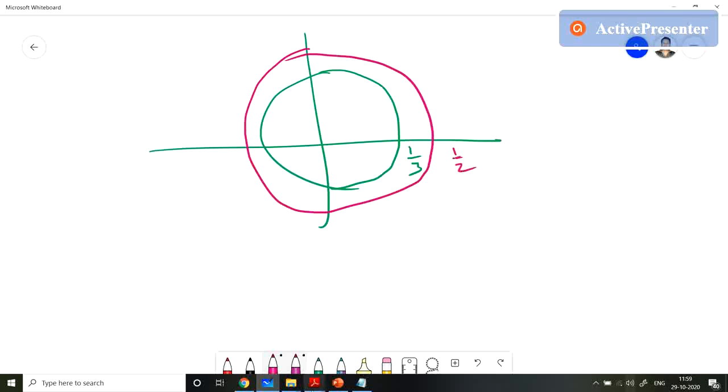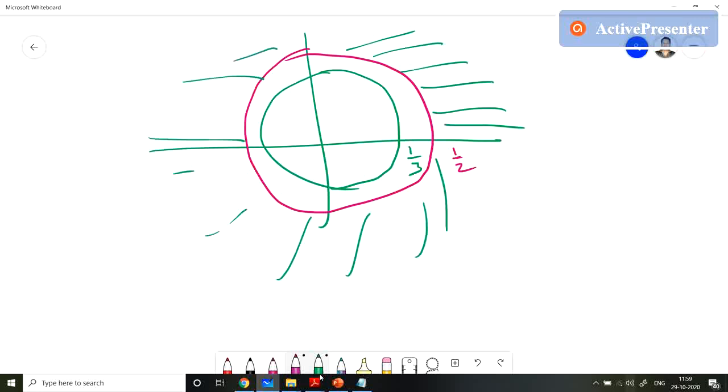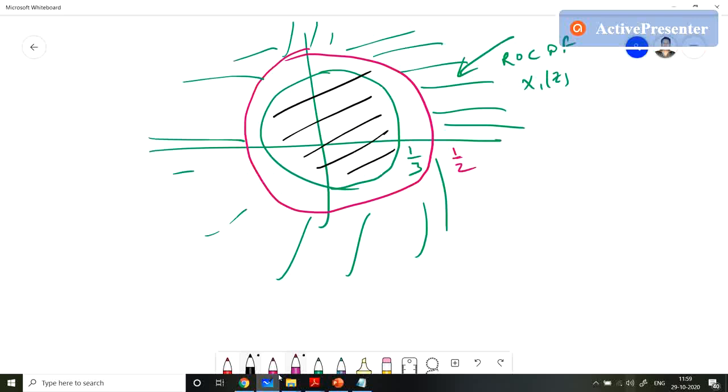This is the ROC of X1(z), and this is the ROC of X2(z).